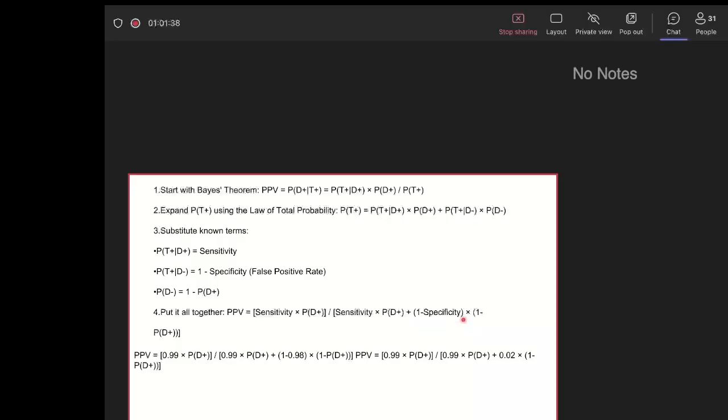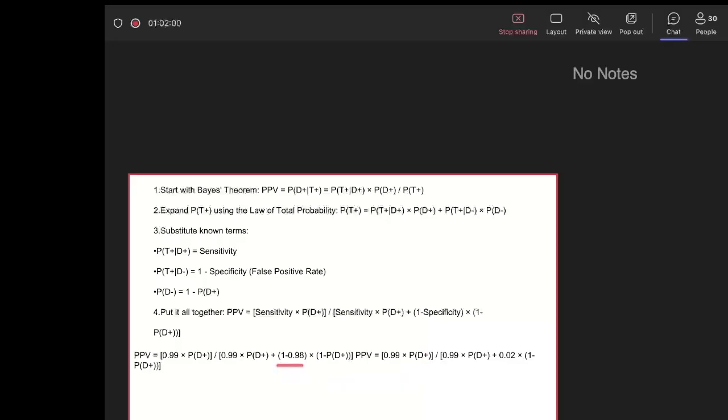So what we have done is we have just modified this formula to fit in with whatever sensitivity and specificity terms have been given in the question. If you plug in the value, sensitivity is 99% or 0.99 and specificity is 0.98.